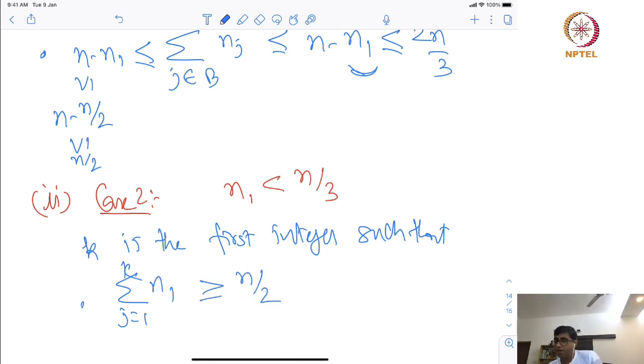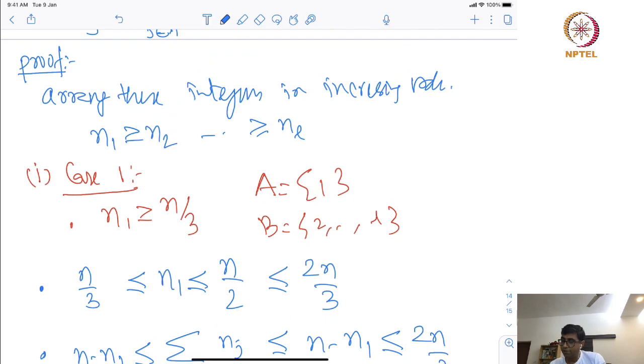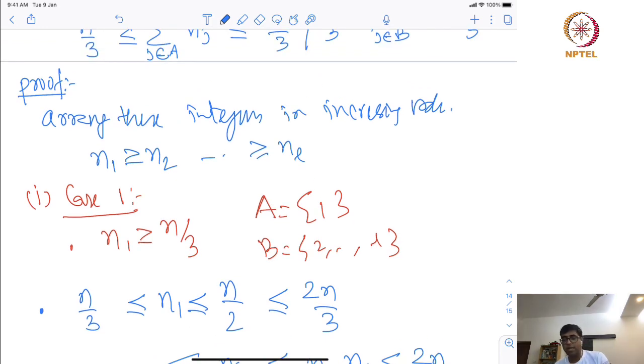Like, what is the first time, so n1 is the largest number, n2 is the second largest number, so on and so forth, and say I am going to sum these, and the first item k we find, if I look at the summation of the first k minus 1, it is strictly less than n by 2, and the moment I add the last item, the kth item, I cross the threshold.